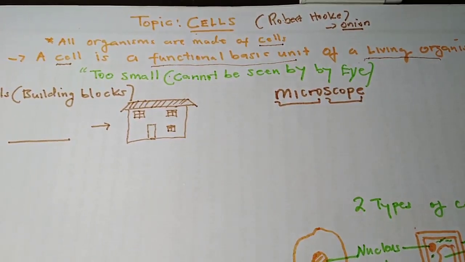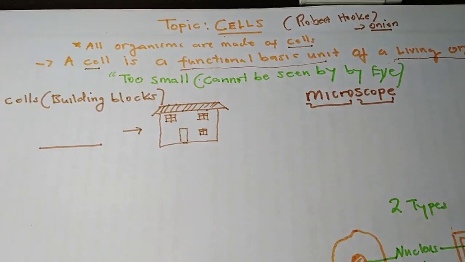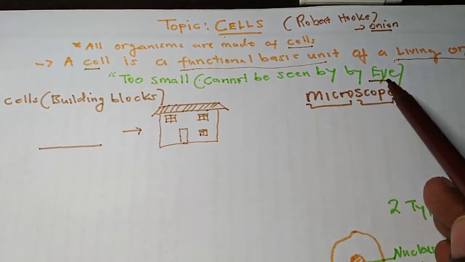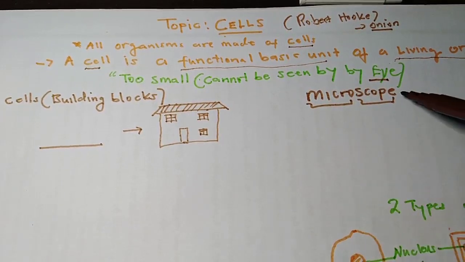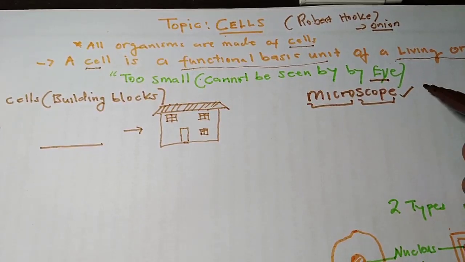Now, cells are too small. You are not able to see a cell with your naked eye. A naked eye is an eye that is not aided by something. So for us to observe cells clearly, we need an instrument called a microscope. A microscope is a magnifier.